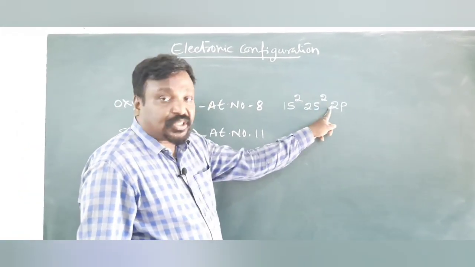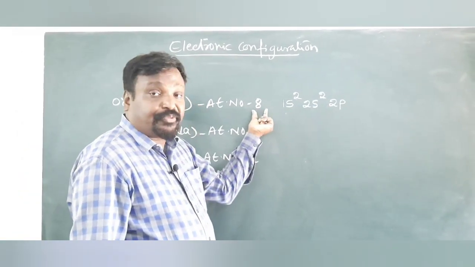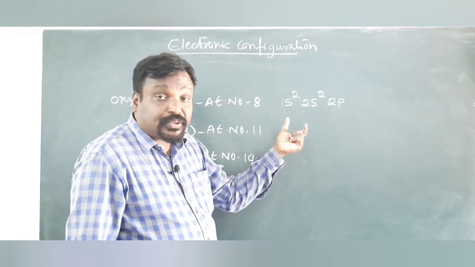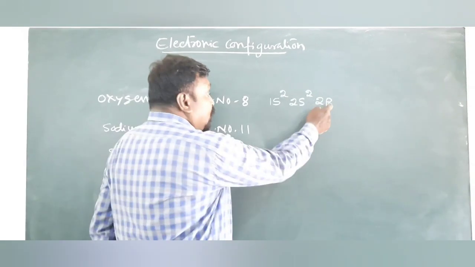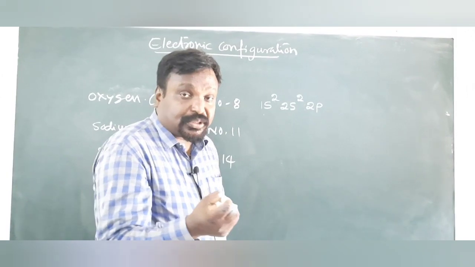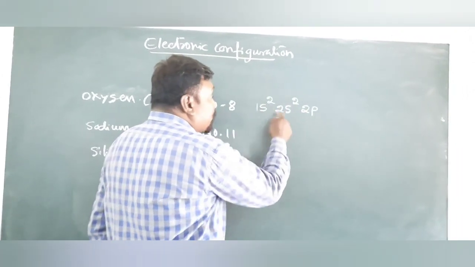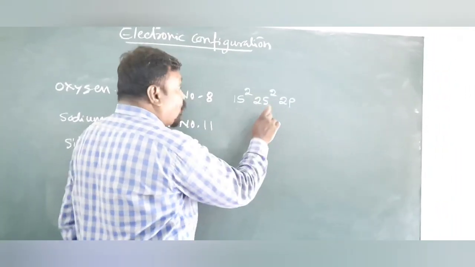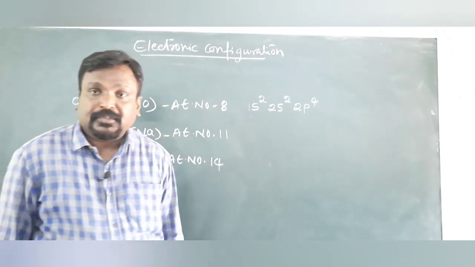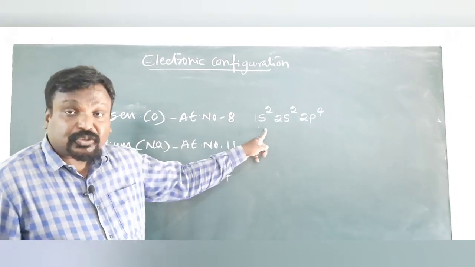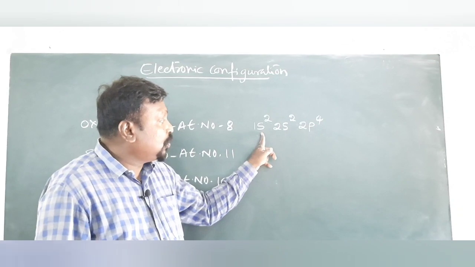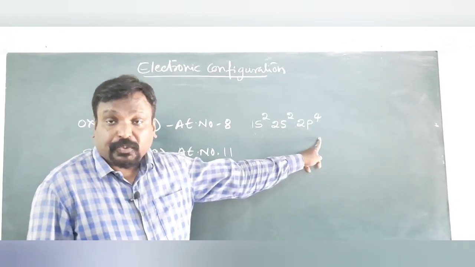Now 4 electrons are filled up. The atomic number is 8. Now the rest 4, where do they go? Now p can have 6 electrons, so the rest of the 4 electrons occupy this orbital. So this is the electronic configuration of oxygen: 1s2, 2s2, 2p4.